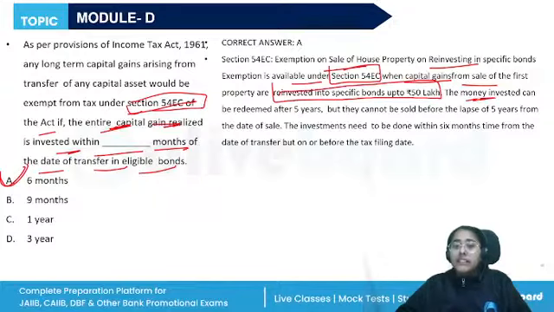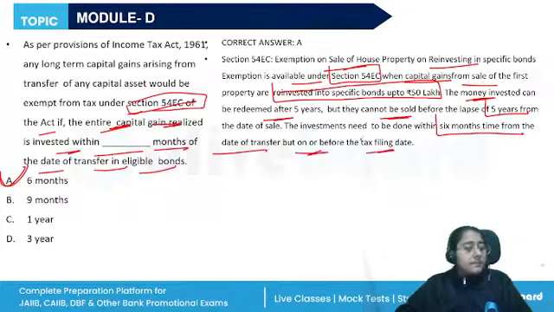And the money invested can be redeemed after 5 years, but they cannot be sold before the lapse of 5 years. And the investment needs to be done within 6 months from the date of transfer, but on or before the tax filing date.